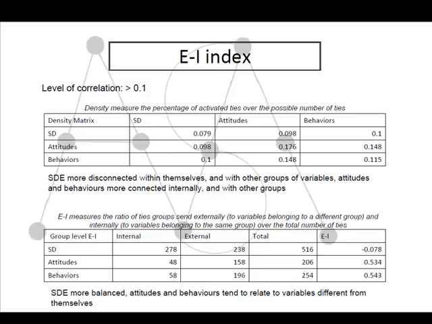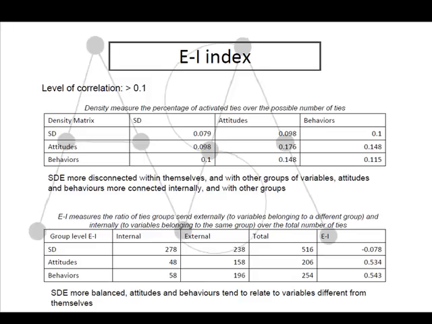And they don't really relate that much with attitudes as well, a little bit higher with behaviors, but there are not many connections there. While attitudes with themselves seem to have more connections. So we have 0.17, it means 17% of the possible ties are there. And behaviors with themselves have 11% of possible ties, while behaviors to attitudes have 14.8% of possible ties.